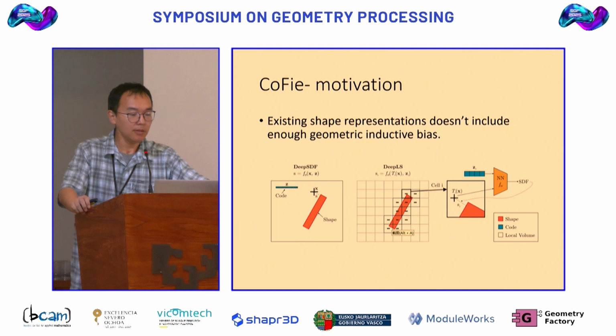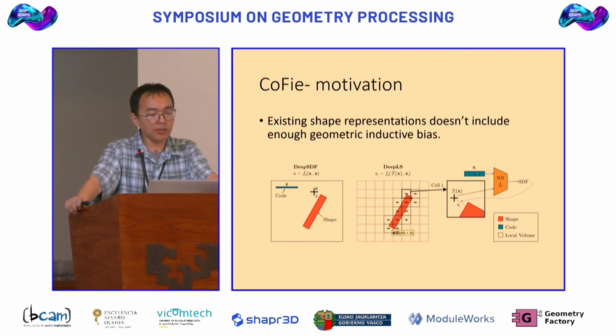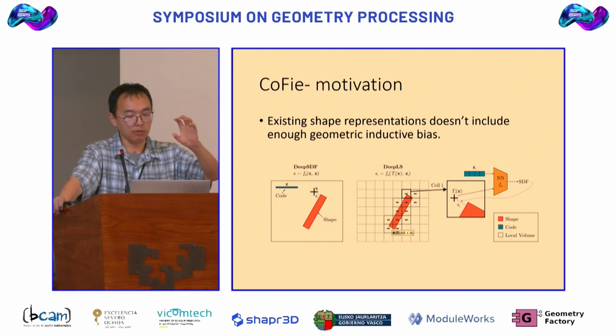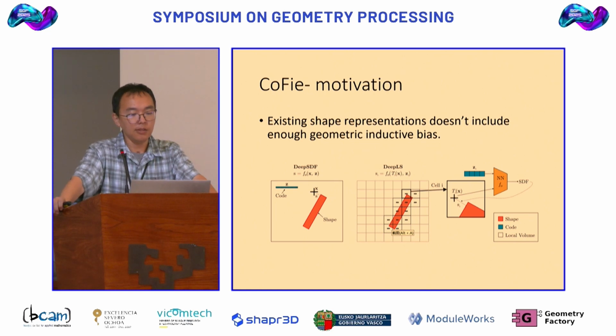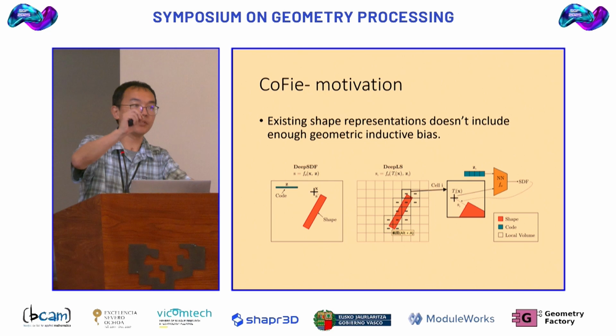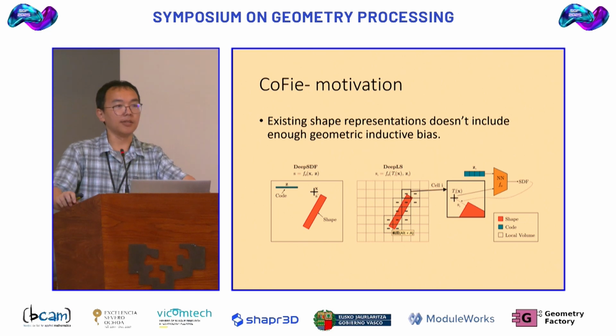Then later, there's another paper called Deep LS. It decomposes the 3D volume using a grid, and you associate each cell with an MLP. When decoding SDF, you first locate the point in a cell, then use the MLP associated with that cell to decode its SDF.